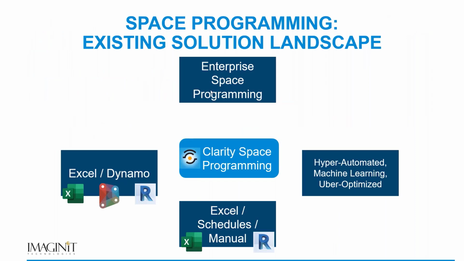And when we looked around, we saw a variety of different areas within the solution, everything from enterprise level systems that were big and complicated and expensive, to people doing things by hand, to people doing things with do-it-yourself Excel and Dynamo kinds of tools.